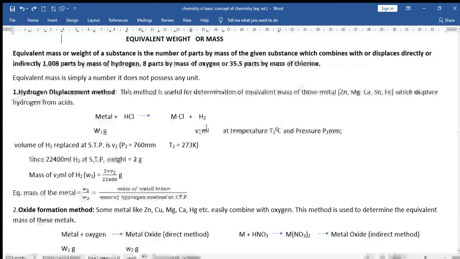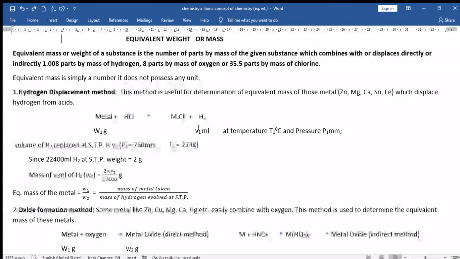If directly the mass of the hydrogen is given, then we put that value, means mass of the metal divided by mass of the hydrogen evolved multiplied by 1.008, we get the equivalent mass of the metal.